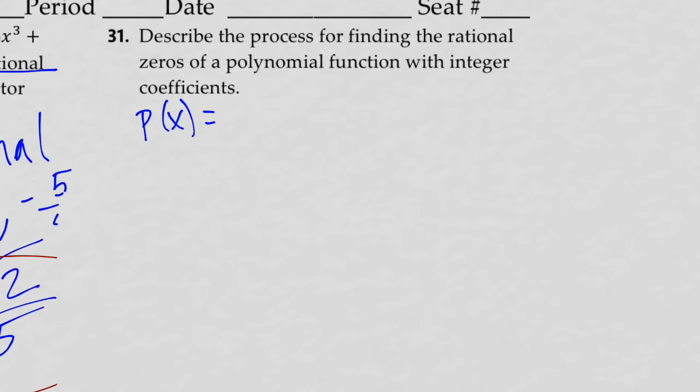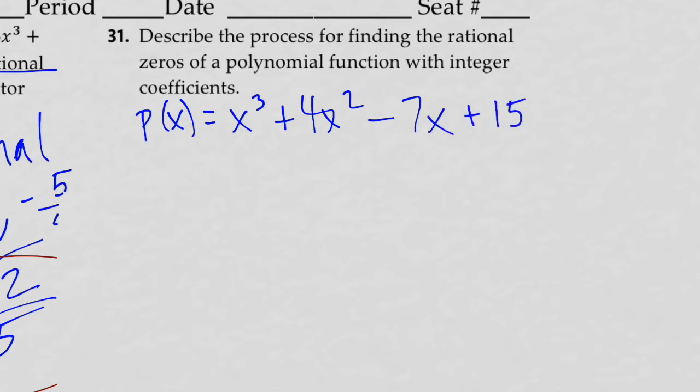P of x equals x cubed plus 4x squared minus 7x plus 15. I don't know, just making something up. What is the process that you would use if I told you find the zeros, the rational zeros of this? To make it a little more interesting, let's put a 2 here. There you go. That way we can follow the process and follow all the steps.